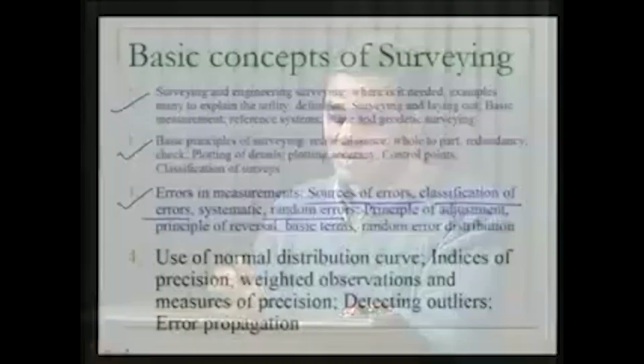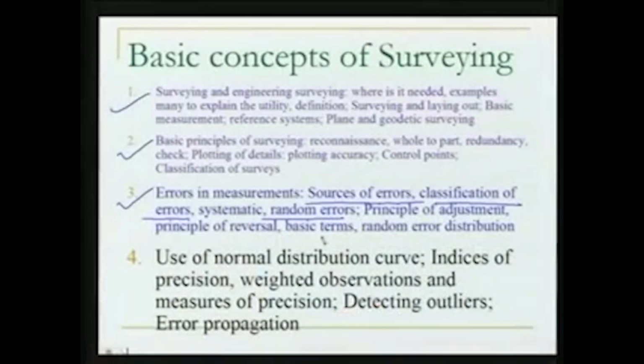So the errors which remain in the observations are random errors. We saw the distribution. What kind of distribution is there for random errors? They are equally distributed on the positive and negative side. Small errors have high probability, while the large errors on the sides of the curve have less probability.